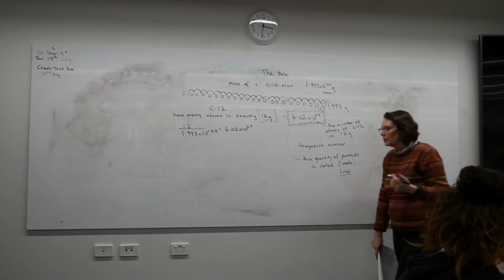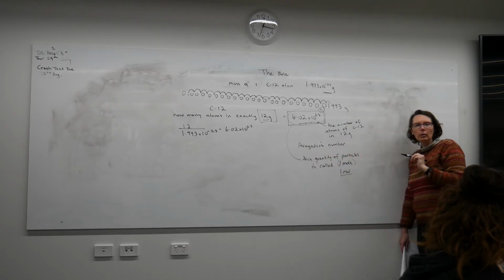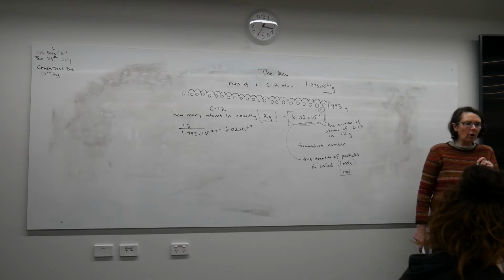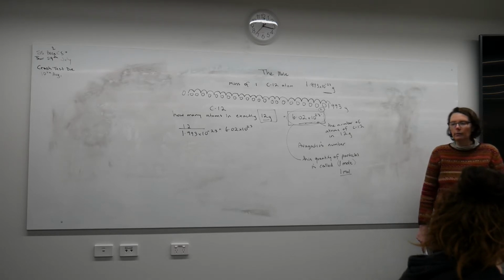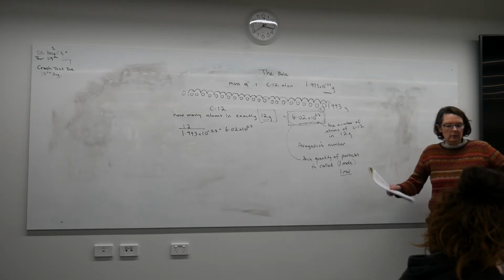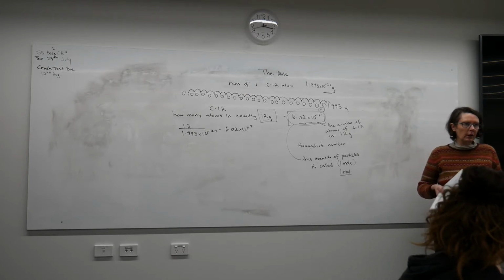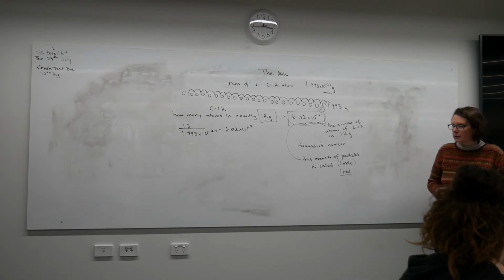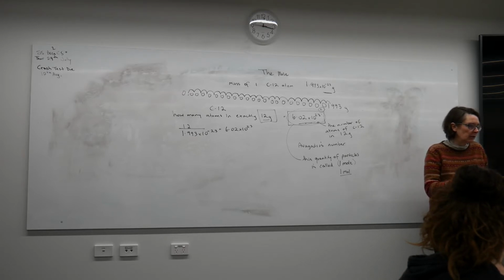Now, one way you can think of it, you can have a mole of anything. You can have a mole of chairs, you can have a mole of students, you can have a mole of grains of rice, you can have a mole of anything. A mole is just a number.